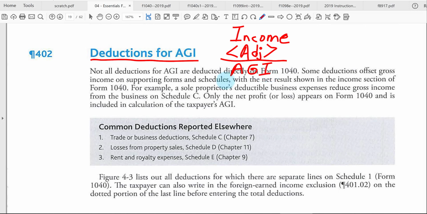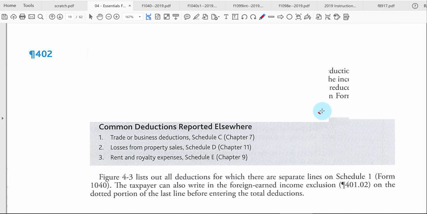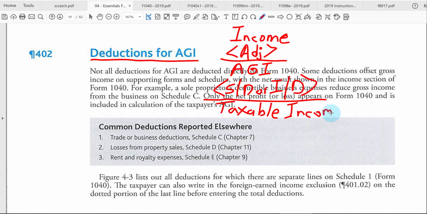And then we subtract out the standard deduction, a topic way back in chapter 1, or an option would be to deduct itemized deductions that we're going to learn in our next chapter, chapter 5, to get to the base called taxable income that we would look up on the tax table or tax rate schedule to get the tax liability for the year.